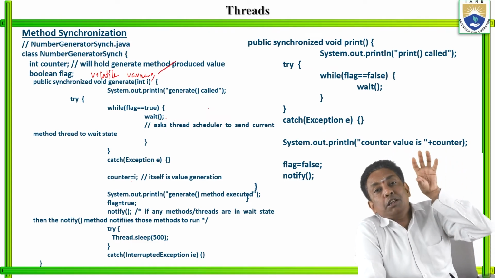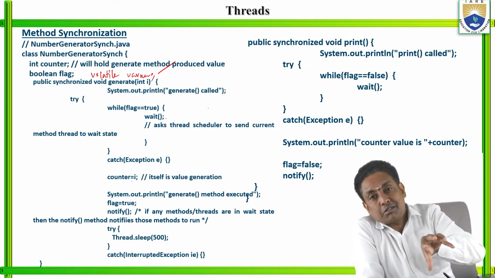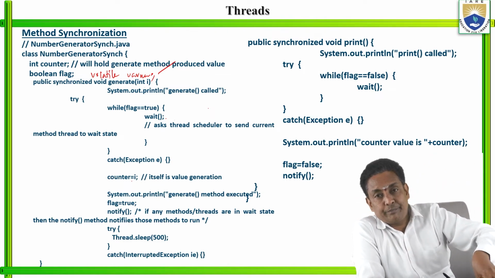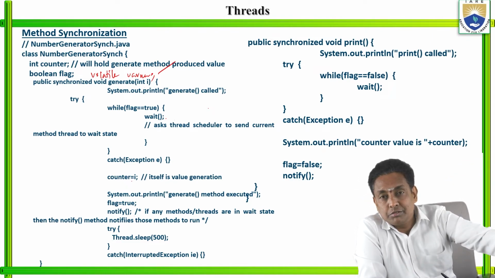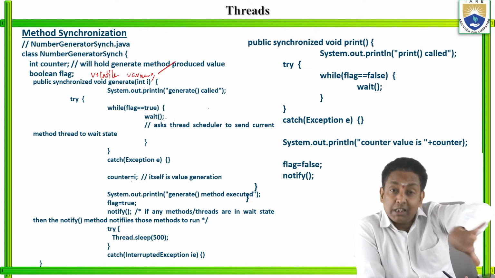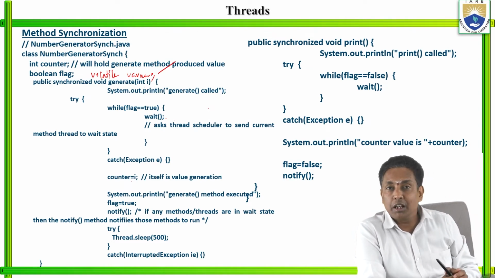Volatile means variables which do not want to be affected by the object or method synchronization, whose values want to change even in the synchronization blocks also. Such variables are declared as volatile.